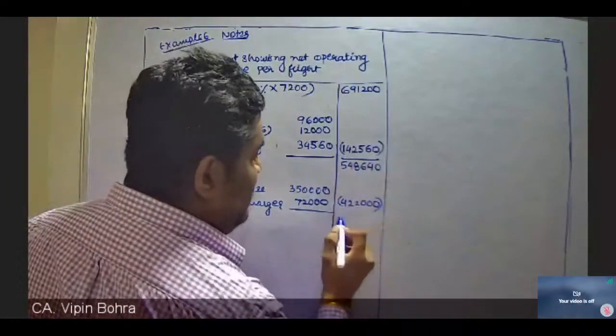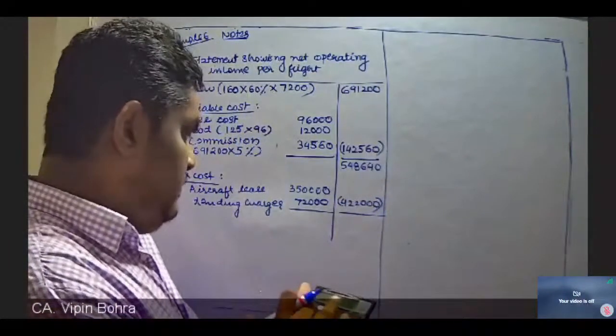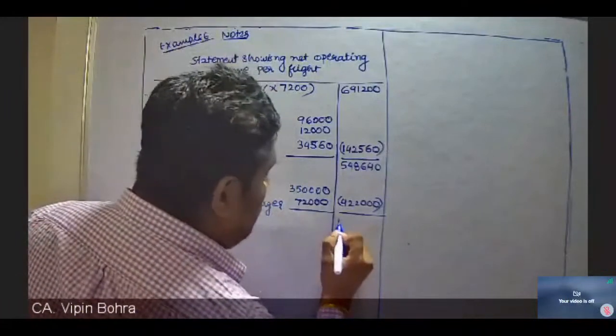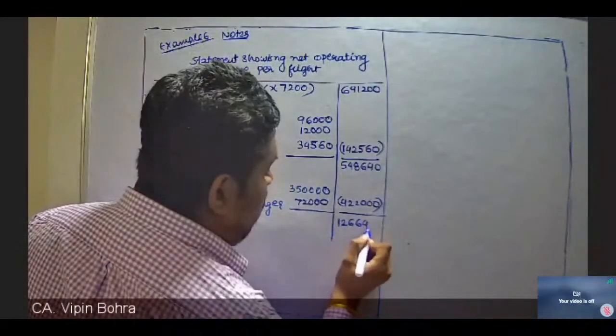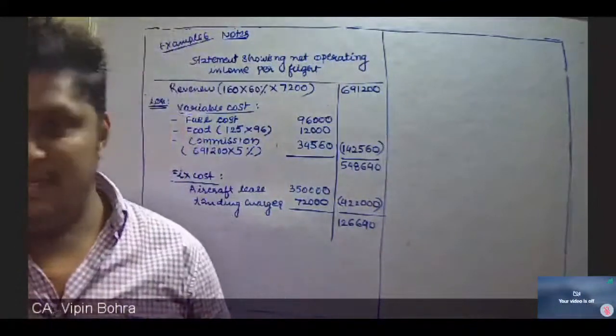So my final operating income per flight is 126,640. I hope this part is clear, guys.